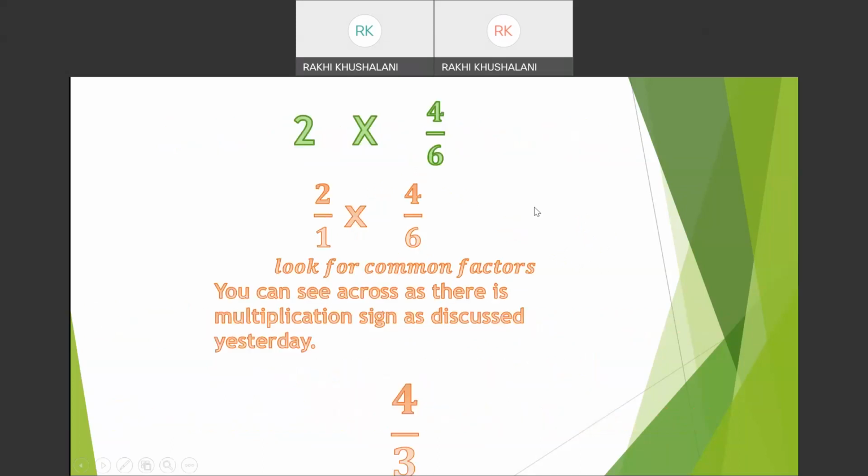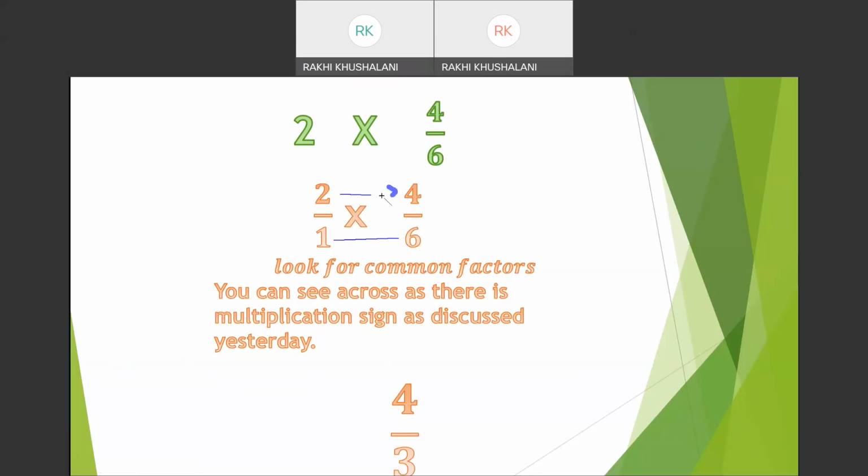If I have something into 4 by 6, where the something is a whole number, 2, which can be written as 2 by 1, into 4 by 6. Before actually going for multiplication of the numerator with the numerator and the denominator with the denominator, we should first check if anything is common between them, if any sort of cancellation is possible.